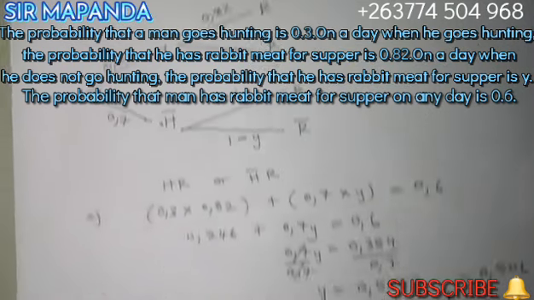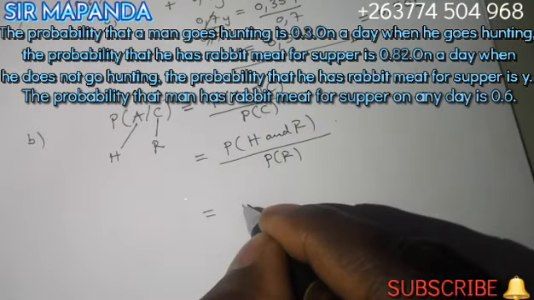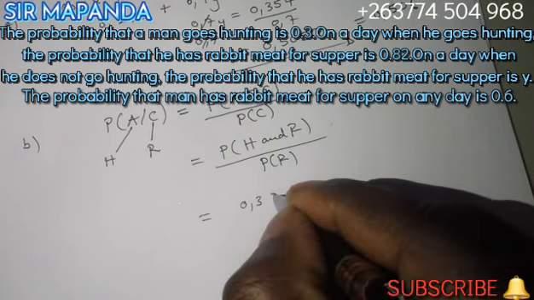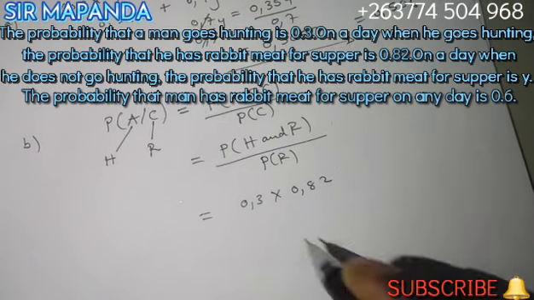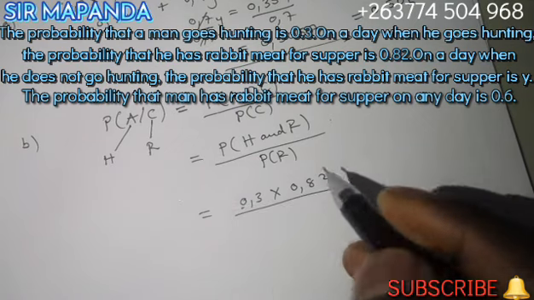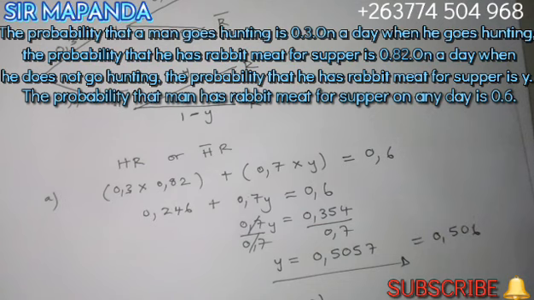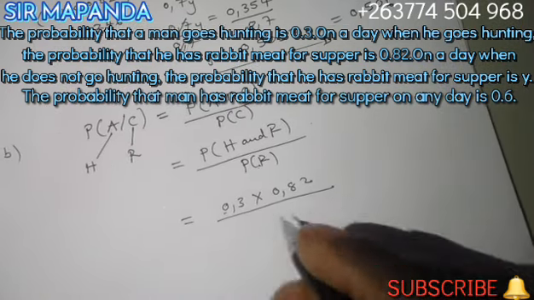So H and R is whereby you multiply 0.3 with the 0.82. So 0.3 here times 0.82, you get H and R, then divide by probability of R. Probability of R refers to the probability that he is going to have a rabbit meat, and the probability was given already as 0.6.